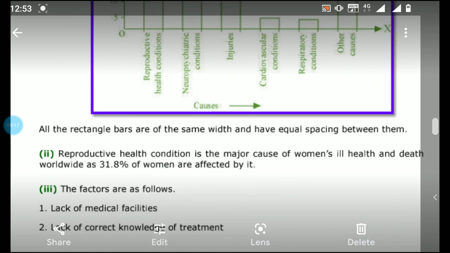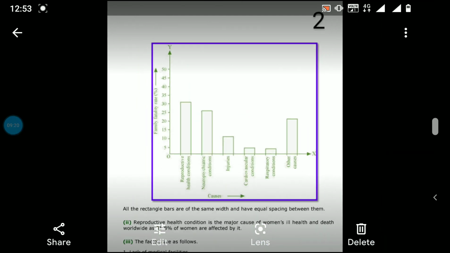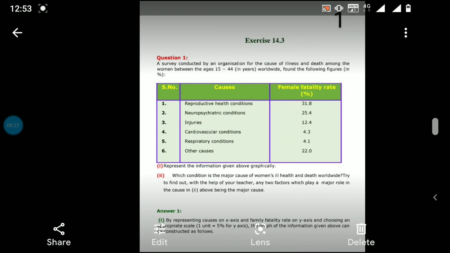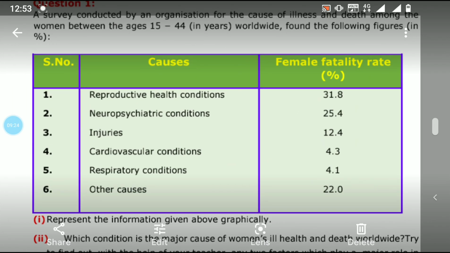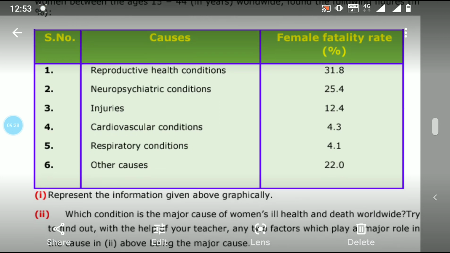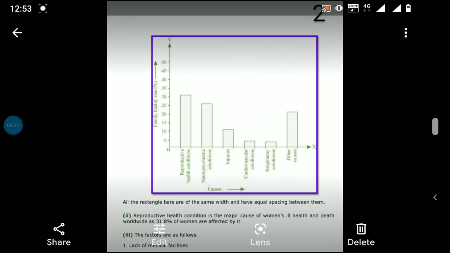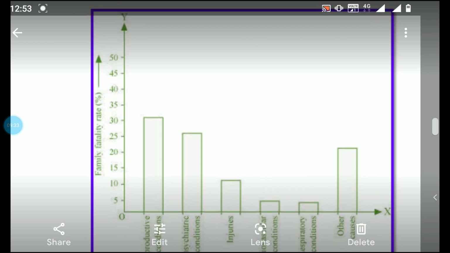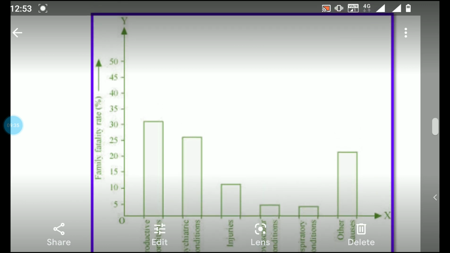In the first one, if you see the table, in the first row you can see the reproductive health condition is given as 31.8. Reproductive health condition 31.8. So it will come between 31 and then after 0.8, so near about here this bar will be 31.8.